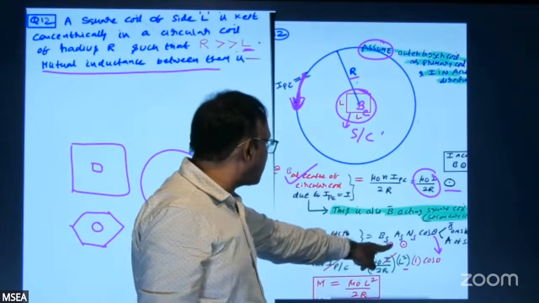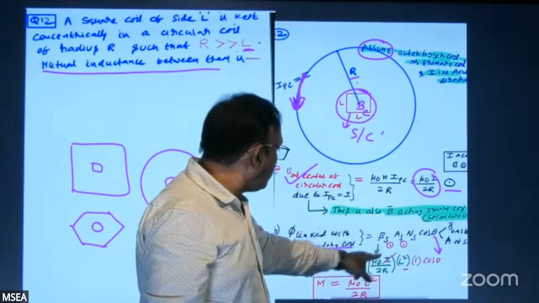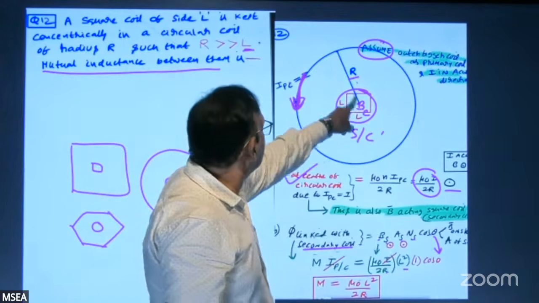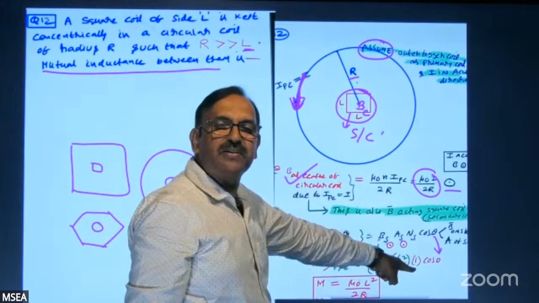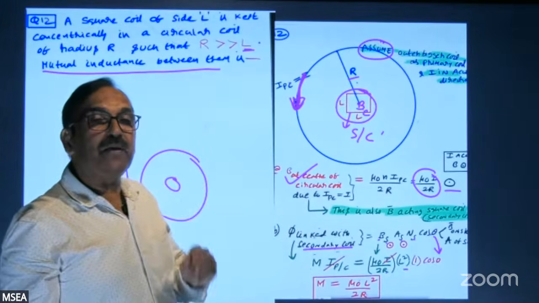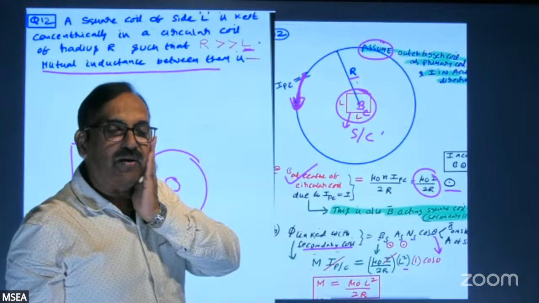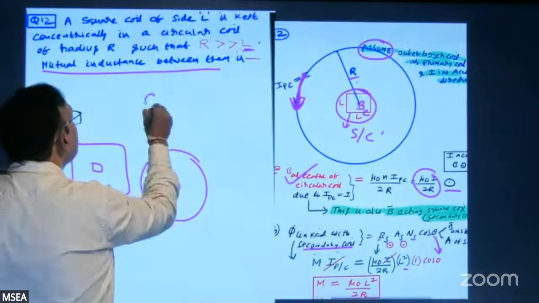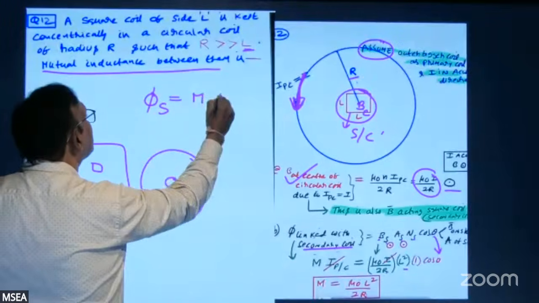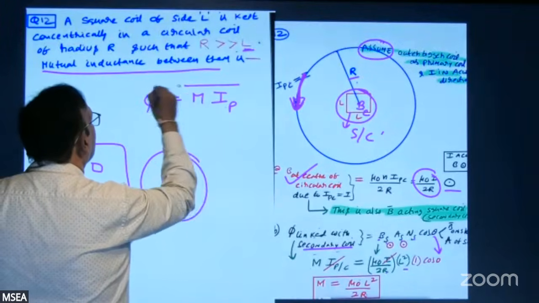So the flux linked with the secondary coil is B A N cos theta. From that, write carefully B, area is the square coil L square, number of turns unless said 1, theta is 0. Now, what is the fundamental point of flux linked with the secondary coil? You know that in the mutual inductance topic, flux linked with the secondary coil is M times the current flowing through the primary coil.